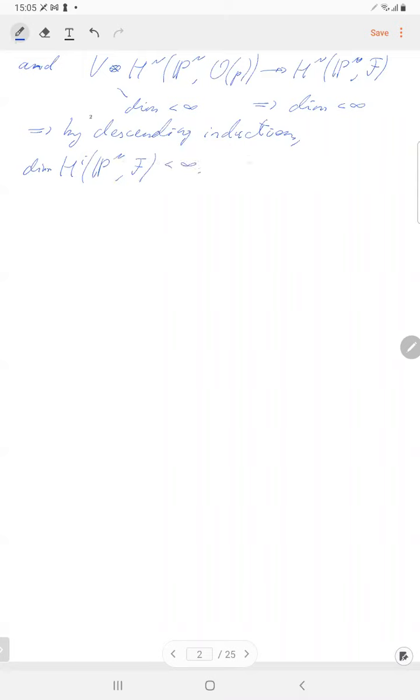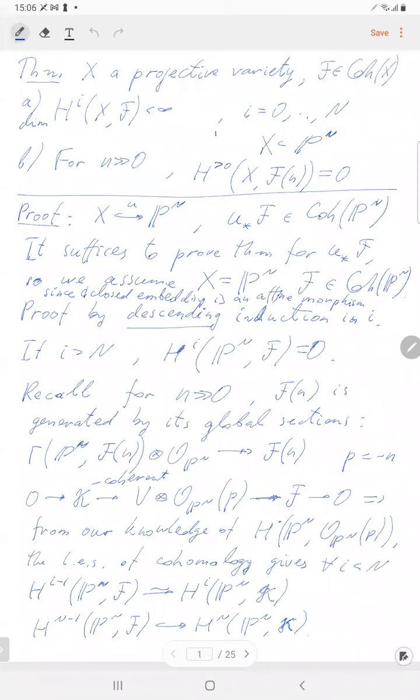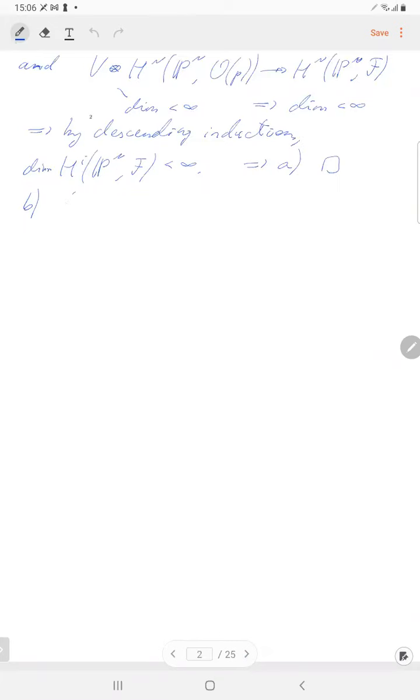Okay, so we proved A. And now we have to prove B. What was B? B was the claim that the higher cohomology of a sufficiently positively twisted sheaf vanishes. And again, B follows the same way.